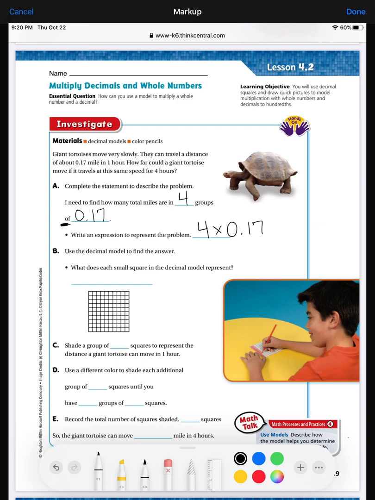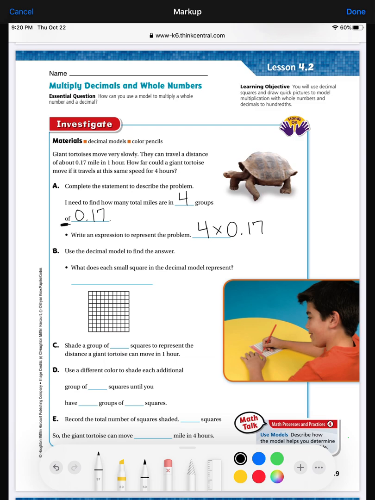Okay. Now we're going to look at a model, and I do like the model. And we're going to see here a visual representation of this. So part B says to use the decimal model to find the answer. So the first part of that, what does each small square in the decimal model represent?